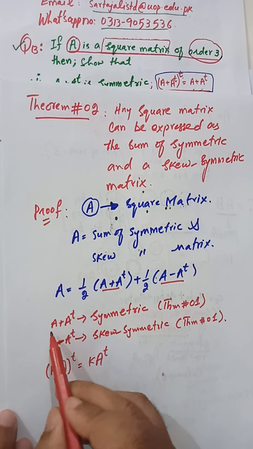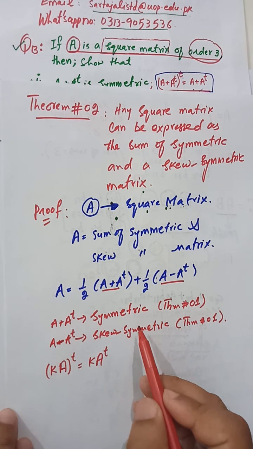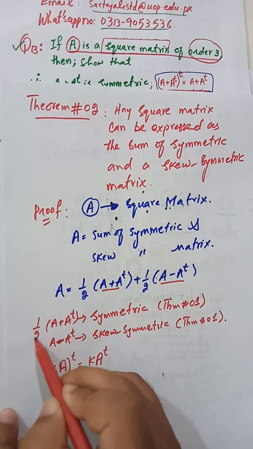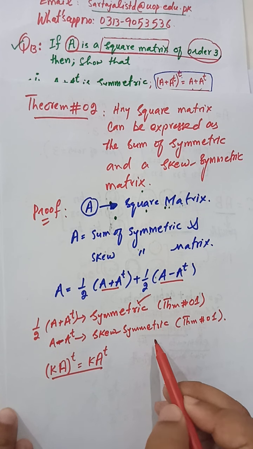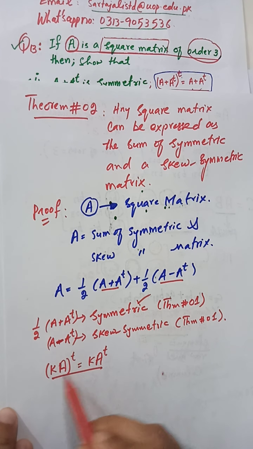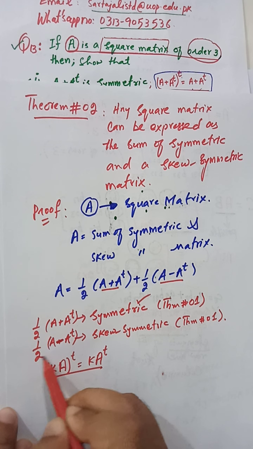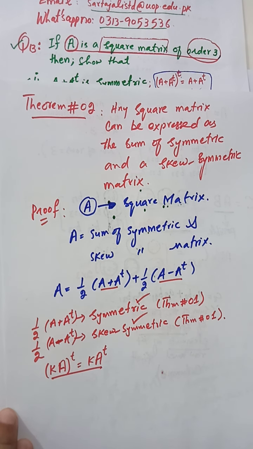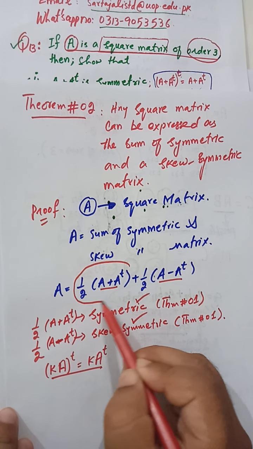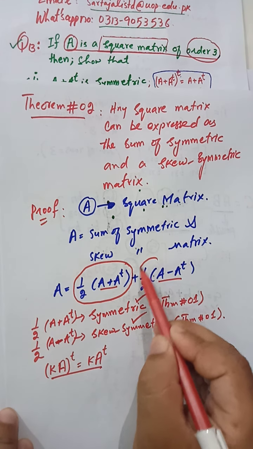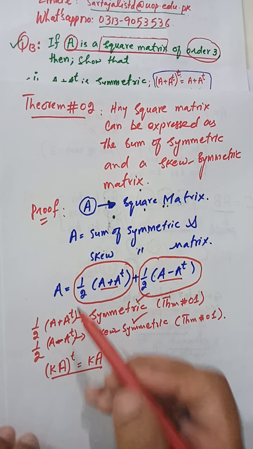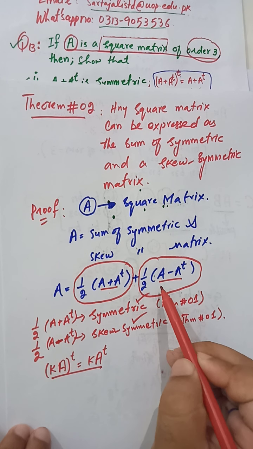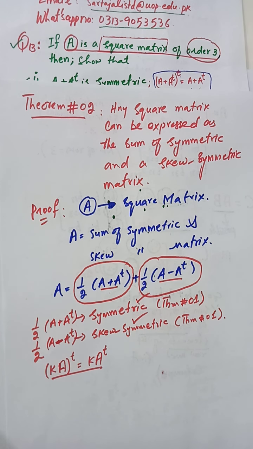So if A plus A transpose is a symmetric matrix, then 1 by 2 (A plus A transpose) will also be symmetric. And if A minus A transpose is skew symmetric, which we proved in theorem number 1, then according to this result, 1 by 2 (A minus A transpose) must also be a skew symmetric matrix. So this whole part is a symmetric matrix and this whole part is a skew symmetric matrix. So A is written as the sum of a symmetric matrix and a skew symmetric matrix, and this is the required proof.